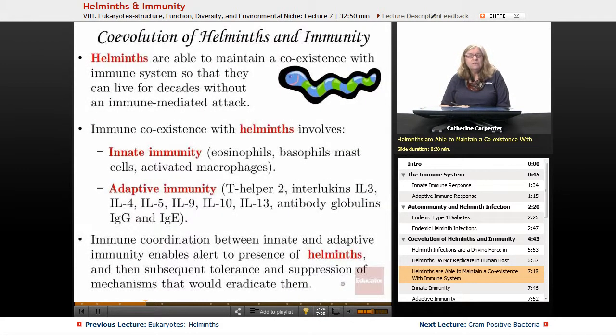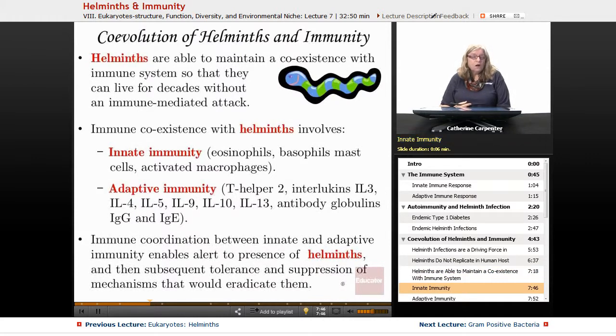So the helminths, as I discussed, are able to develop an almost commensal relationship with the immune system, such that the immune system does not launch an immune attack against them. And this coexistence between the immune system and helminths involves both arms of immunity.